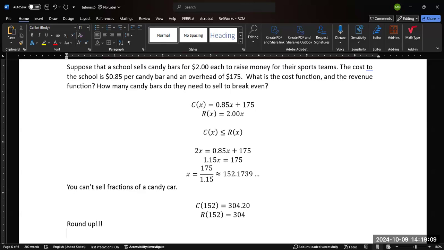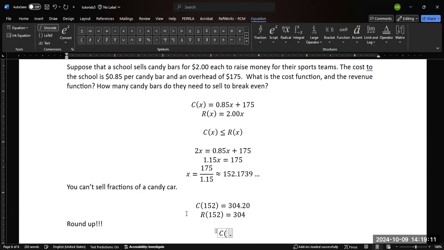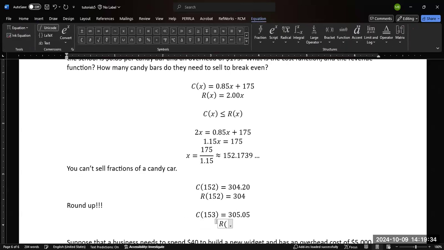Regardless of what the decimal is, you need to round up because that is the first point where you are going to have enough revenue to cover your cost. So 0.85 times 153 plus 175 is going to be 305.05, and the revenue at 153, 2 times 153, is 306.